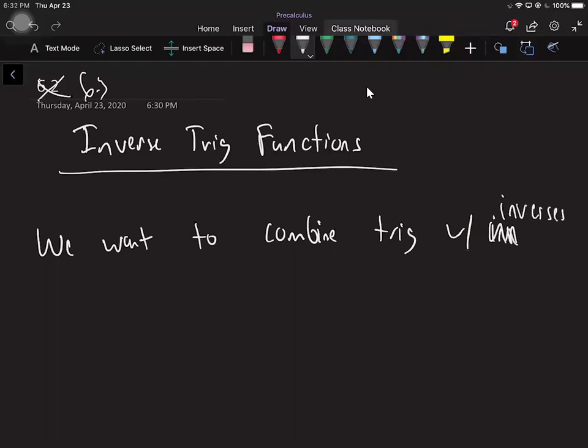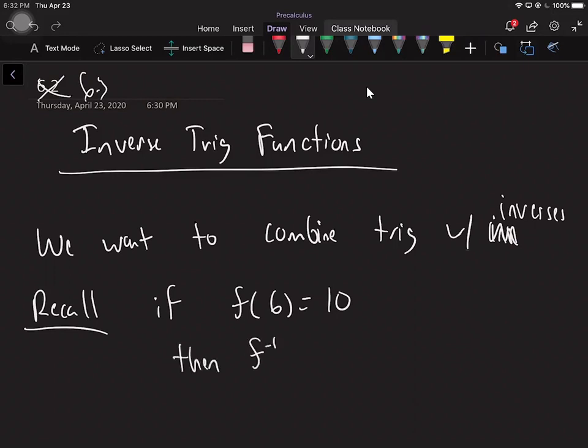So remember what inverses were. They are functions that just do the opposite of the original function. So if f of 6 is like 10, then the inverse is called f to the negative 1, and it just does the opposite.